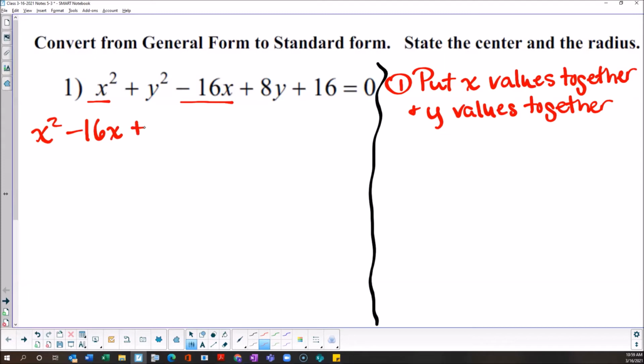When I do this, I'm actually going to leave a space right there. I'm going to find a value to put on that blank, and I don't want to squish it up so much that I don't have space. When I complete the square, I'm going to be adding a number there, so I want to go ahead and put a blank there. And now I'm going to put my y squareds, and I'm going to put another blank for the y's. Leave that for now. Okay.